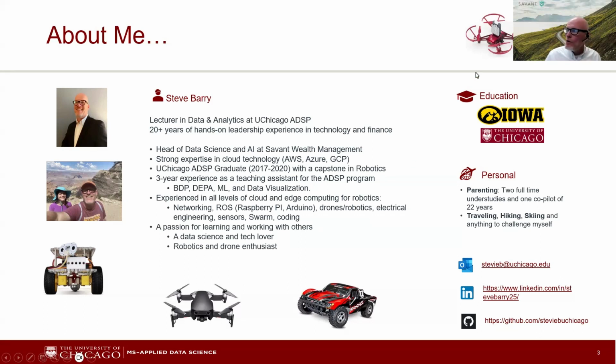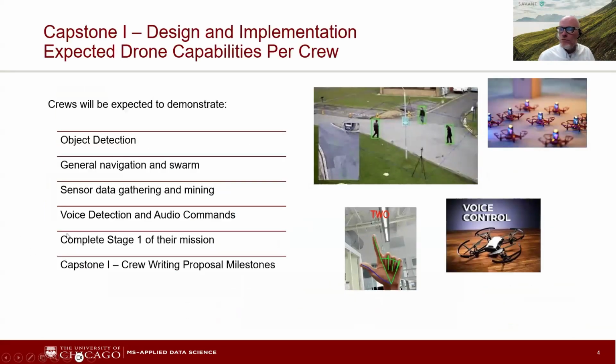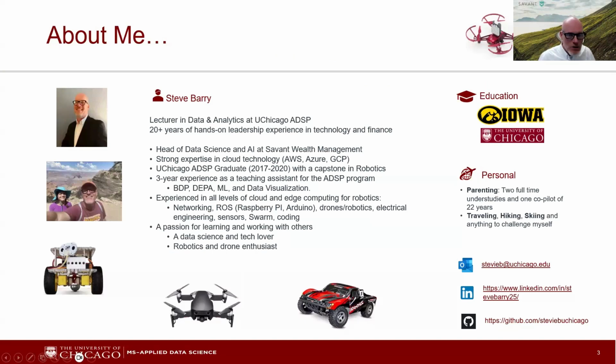I have these robots here on the screen, and a little bit more about me is my GitHub site. Please feel welcome to go to my GitHub site. I've got a lot of projects there on drones and robotics that anybody can take advantage of. This robot was a Go robot I used when I was in school way long ago.